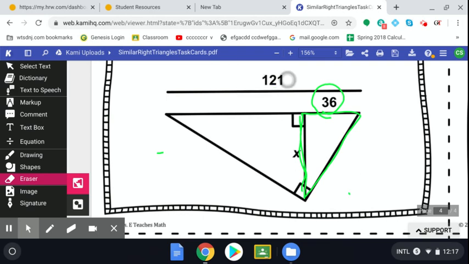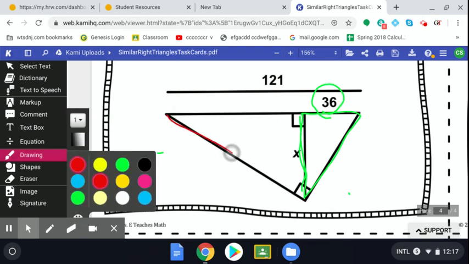I'm going to take a different approach, and I am going to use this, but then I will use the second larger triangle, which is this one. And I'm going to do 121 minus 36, which is going to be 85.